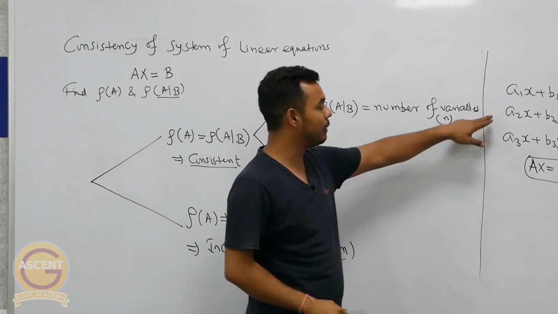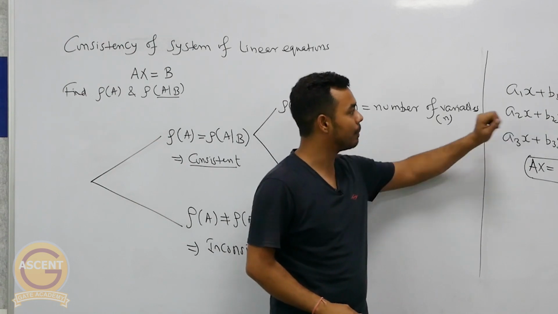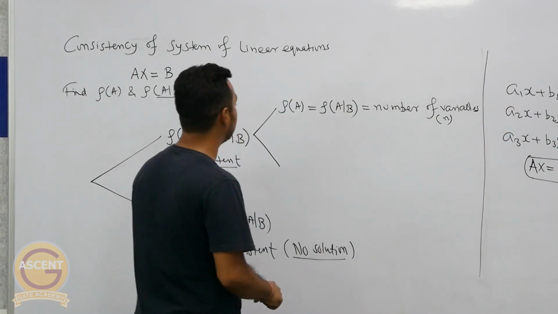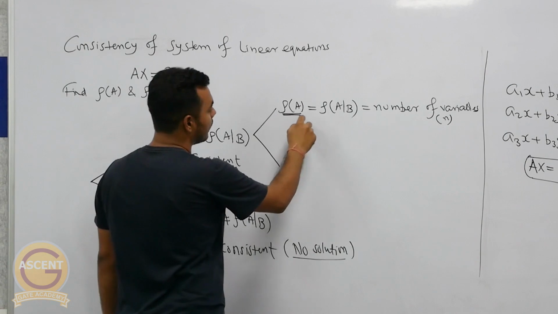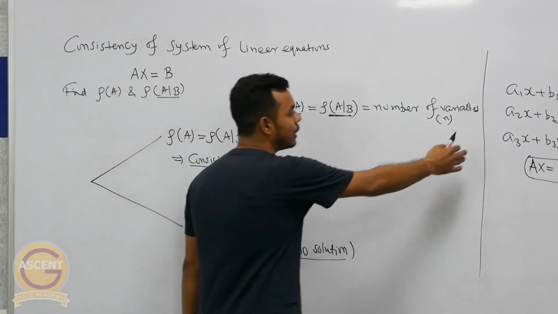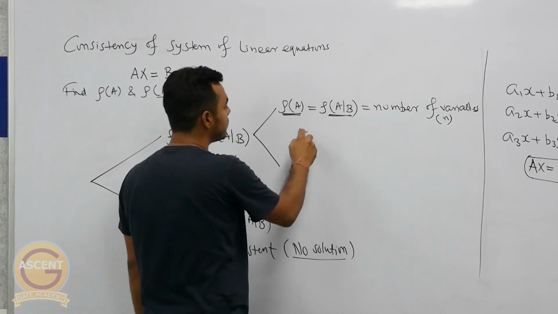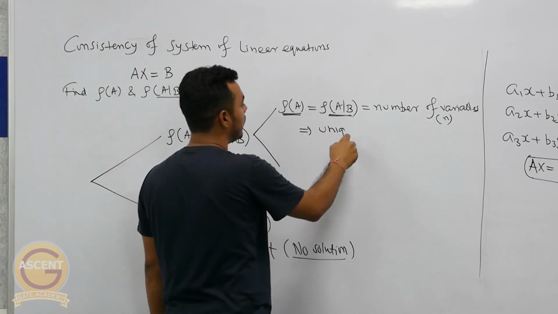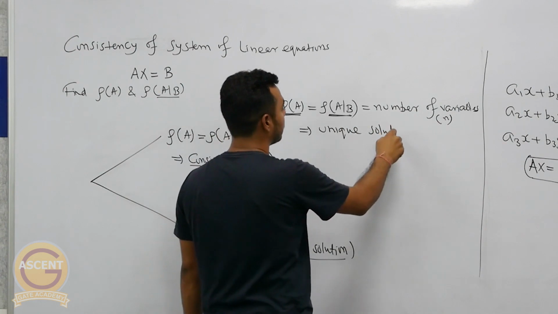So for example, if I have three equations and three variables, here the number of variables is 3, x, y and z. So if rank of A is equal to rank of A|B, and this is equal to the number of variables, for this particular example 3, then this means the system of linear equations is consistent with unique solution.